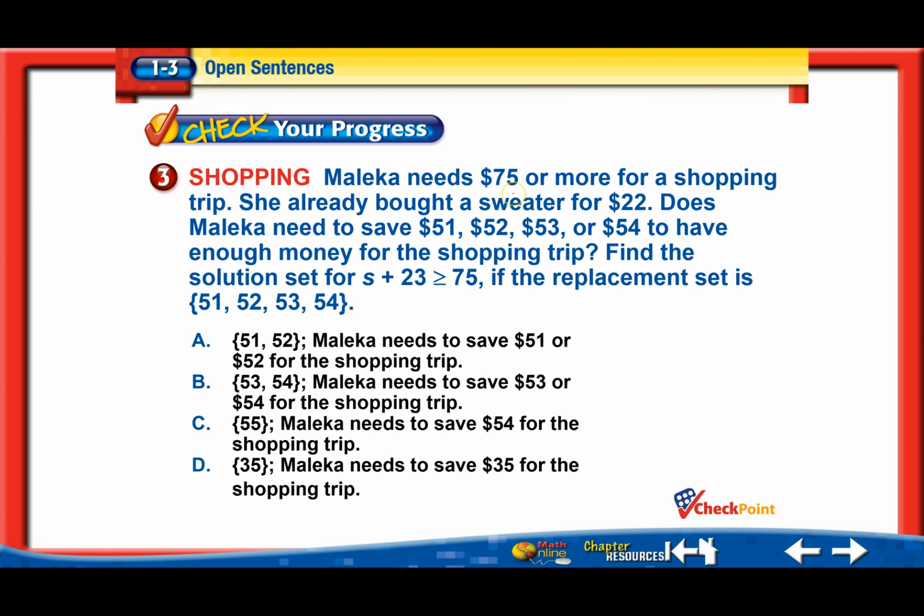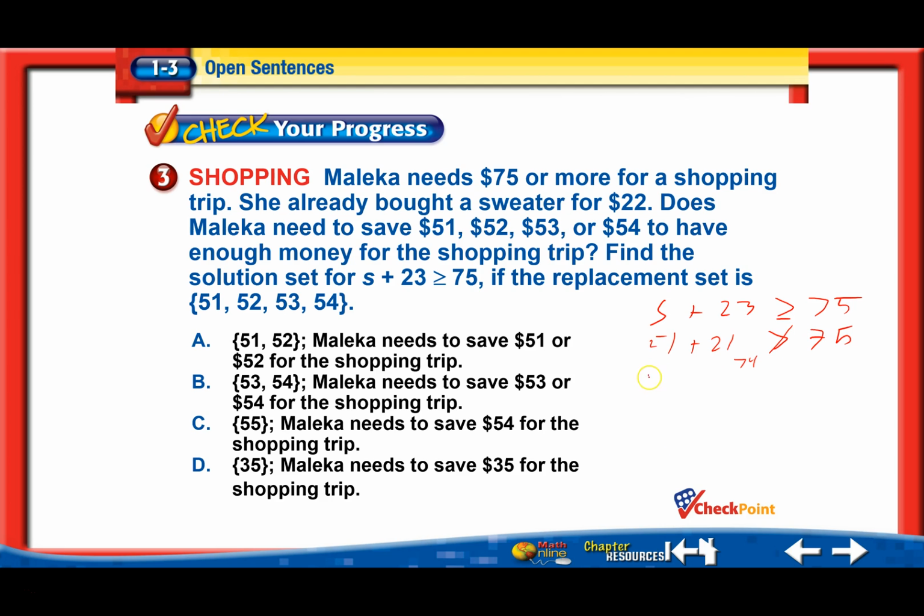All right, so he needs $75 or more for a shopping trip. He already has a sweater for $22. Does he need $51, $52, $53, or $54 to have enough money for this shopping trip? So S plus 23 greater than or equal to 75. If I go 51 plus 23, that is 74, and 74 is not greater than or equal to 75.